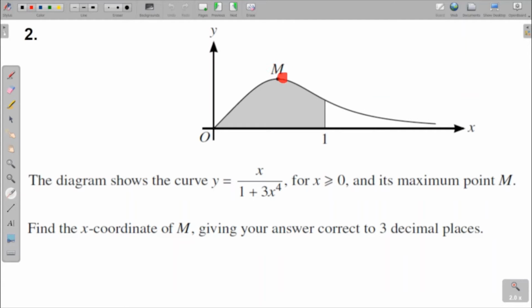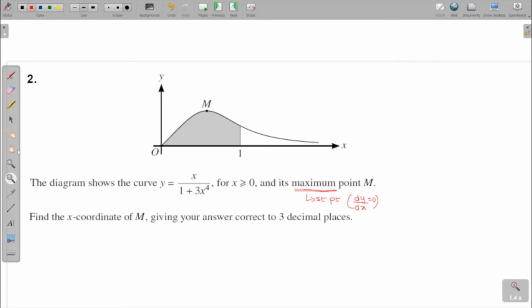As we can see, it's labeled, and we have to find out the x coordinate of M. Since it's a maximum point, that means it is a type of stationary point, and whenever we are given a stationary point, that means dy by dx will be equal to 0. So again, we have to differentiate this equation of the curve that's given to us.